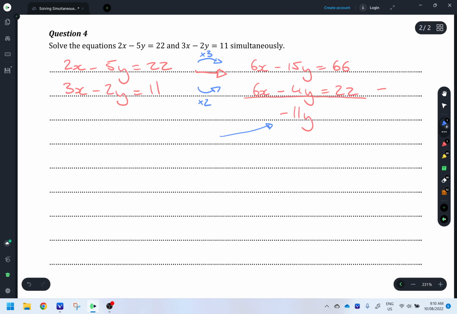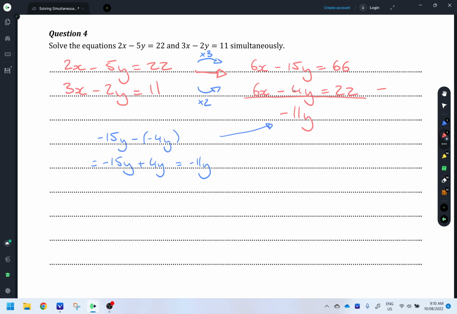The reason why I got this is negative 15y minus negative 4y. Well, you need to remember that two negatives make a positive. So this is basically saying negative 15y plus 4y, which equals negative 11y. So make sure that you're taking care when doing these subtractions, particularly when it comes with negatives. And then 66 minus 22 equals 44.